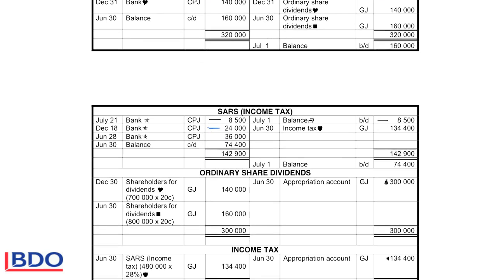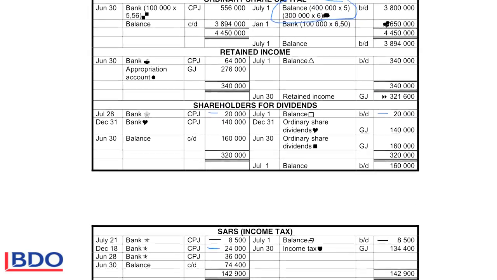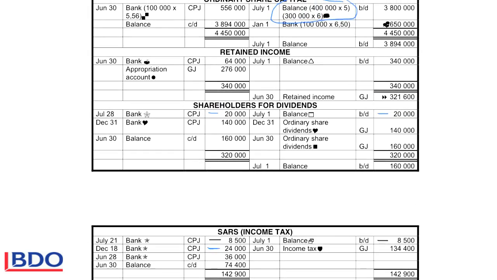On the 28th of June, a cheque is issued for 36,000 to pay provisional tax again. That means that the little income statement was completed to see how much profit was made for the second part of the year.